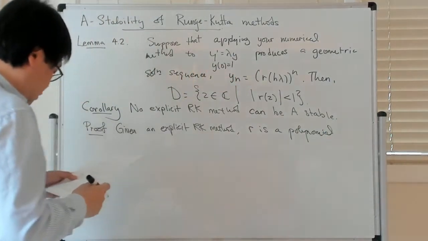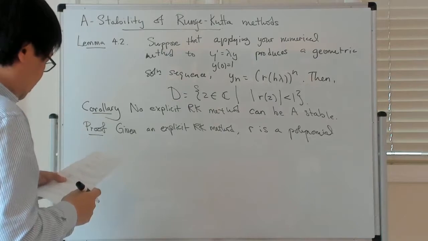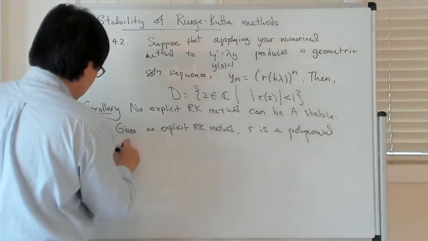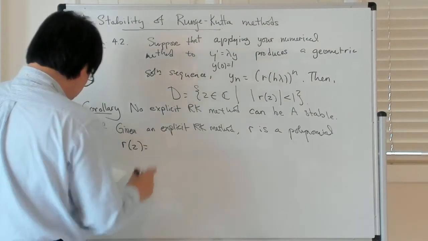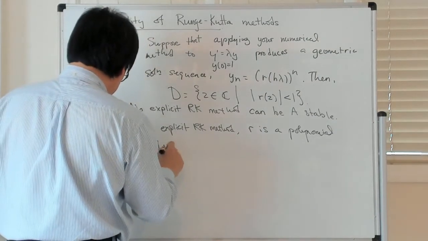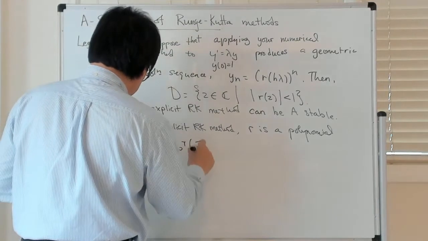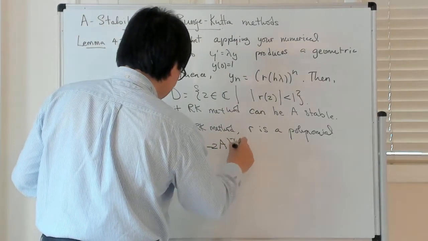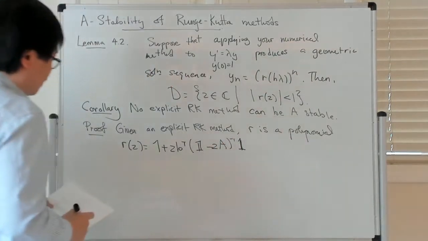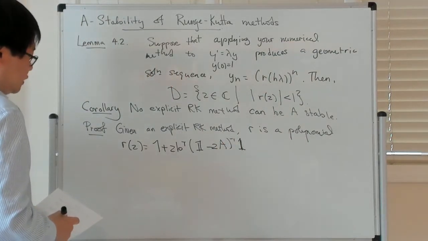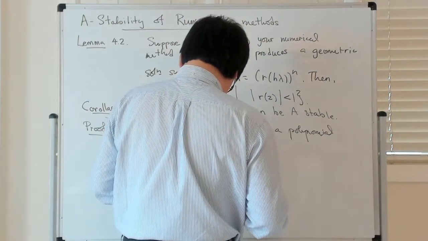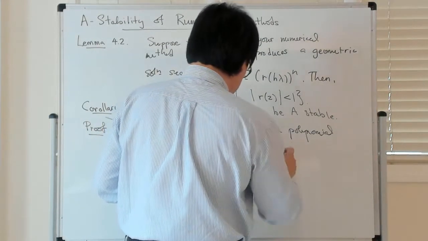And you can check that because R(z) is equal to 1 plus z b transpose, identity minus zA inverse acting on this vector of 1s. When you substitute z equals 0 into this, you get 1.